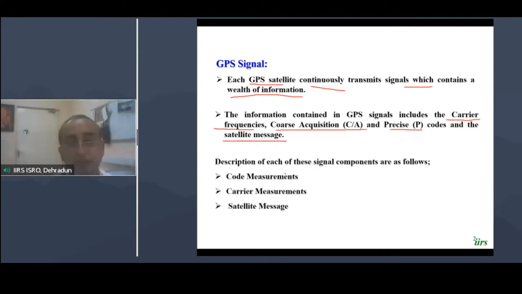Using this information, we can adopt two types of measurements from the GPS receiver, depending upon its capability. The first one is code measurement, which uses time information, and the second is phase information, sometimes called carrier measurement. The third is the satellite message. It has different names, ephemeris or almanac, from where we extract a lot of information about the satellite.